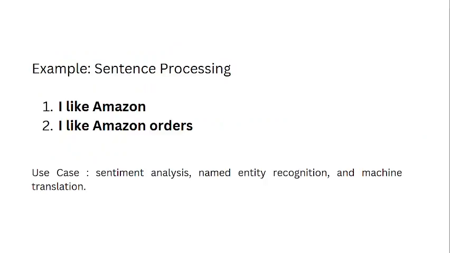Look at this example. If I read "I like Amazon" and ask ten people individually, they will get random answers. If I ask what does Amazon refer to, or what do you understand after hearing the sentence "I like Amazon", someone says Amazon is a river, someone says a website, someone says a cloud company, someone says a forest.